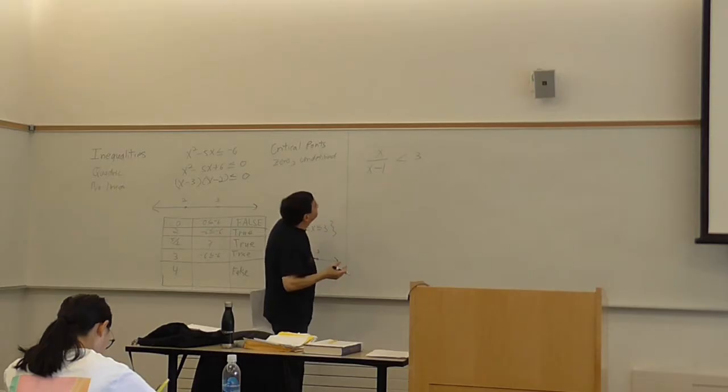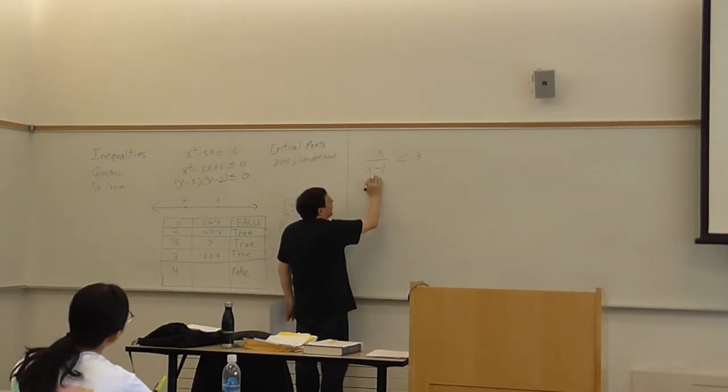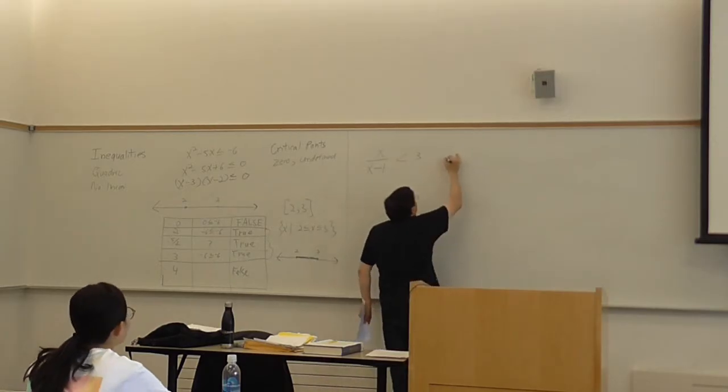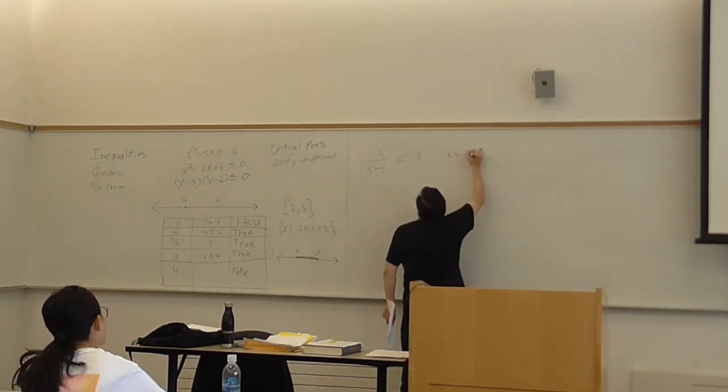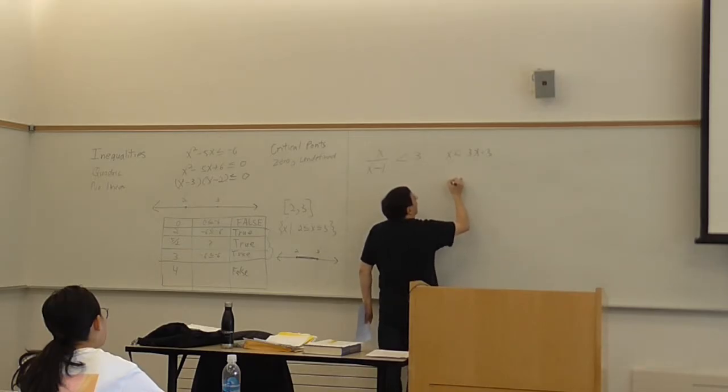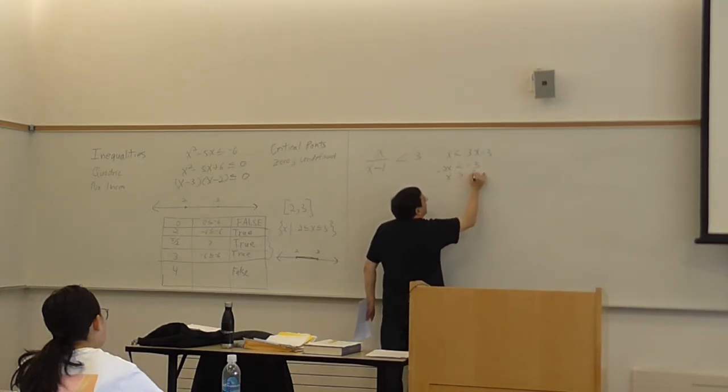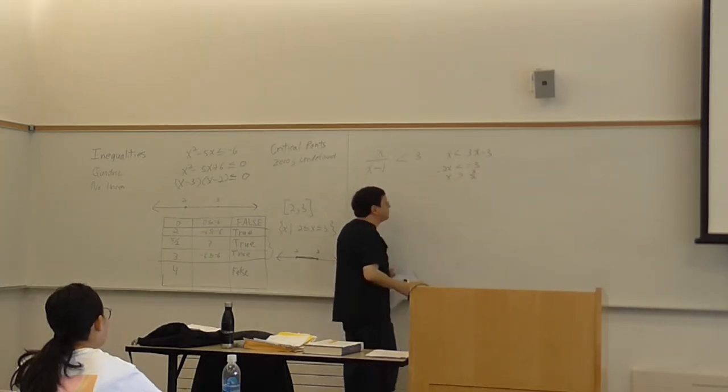So let's multiply both sides by x minus 1. So we get x less than 3x minus 3, or minus 2x less than minus 3, or x greater than 3/2.